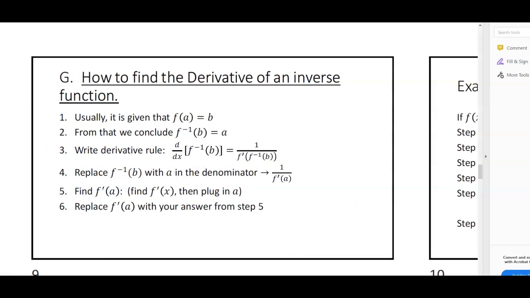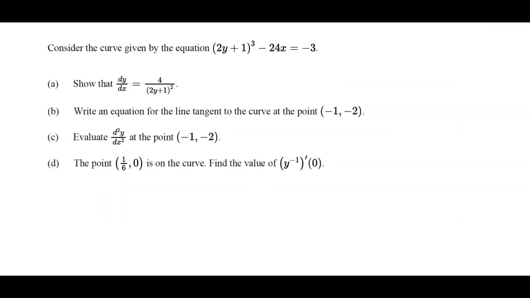So usually they're going to give you a point that has to do with your original function. From that, we're going to flip it because of the inverse, and then we're going to write the rule. From there, we pretty much just figure out whatever we can, okay? So those are the steps we're pretty much going to follow there to finish this problem off.